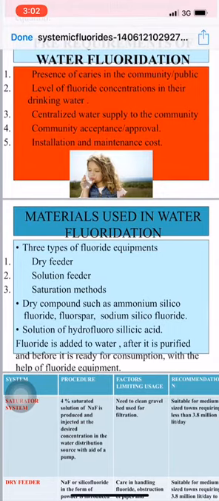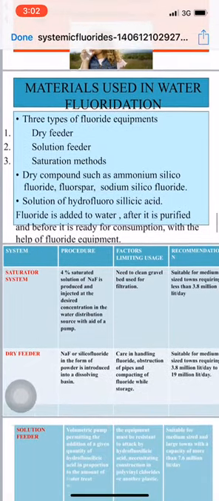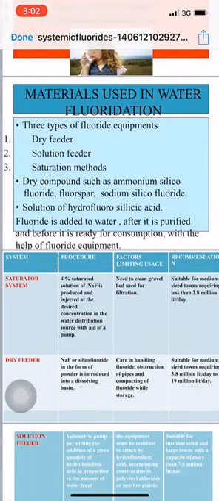Material used in water fluoridation. There are 3 types of fluoride equipment: dry feeder, solution feeder, and saturation method. Dry compounds such as ammonium silicofluoride and sodium silicofluoride, for example.